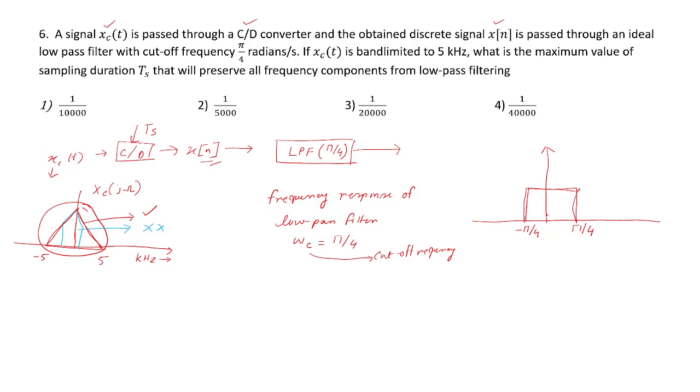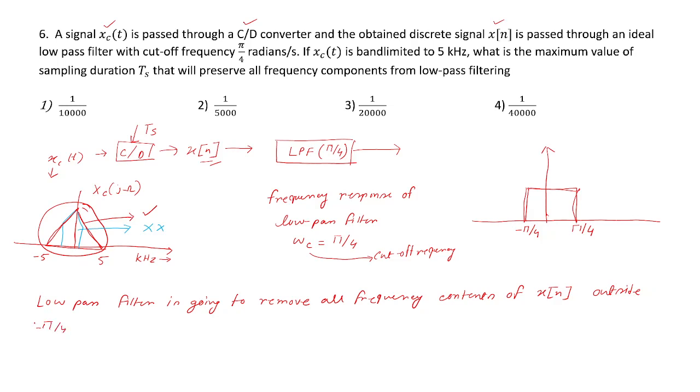Let me write it down. The low pass filter is going to remove all frequency contents of x[n] outside this frequency region, minus pi by 4 to pi by 4.